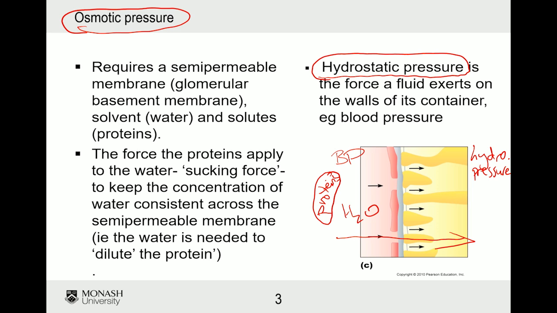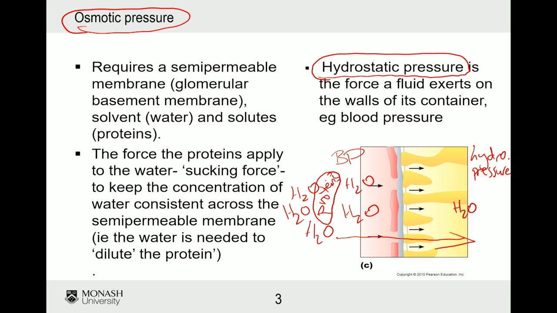It is the force that the proteins apply to the water, a sucking force, to keep the concentration of water consistent across the semi-permeable membrane. So that is, the amount of water compared to what's in it is the same on both sides. When there are more substances in the water, we need more water molecules to keep the concentration the same. The water needs to dilute the proteins, is how I like to look at it.